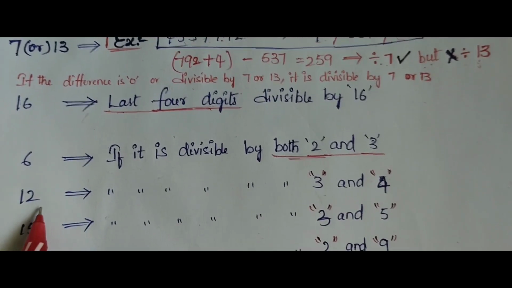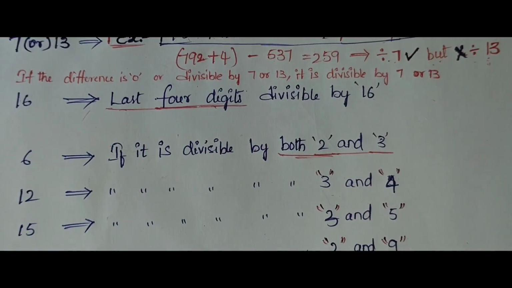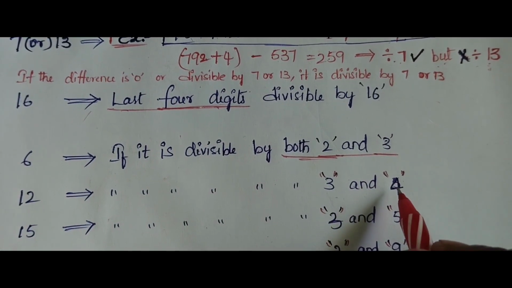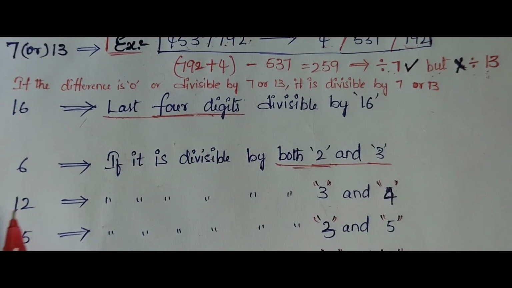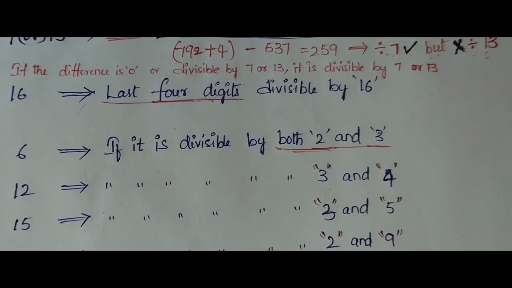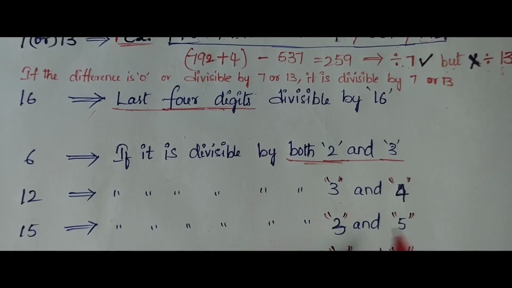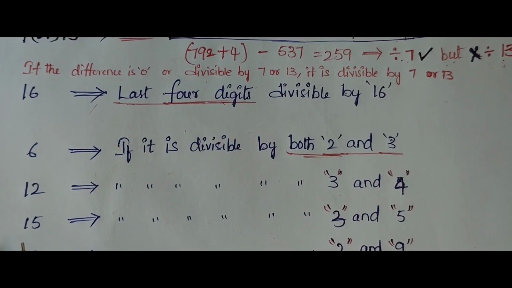Next, the divisibility rule of 12: if the given number is divisible by 3 and 4, it is divisible by 12. And the divisibility rule of 15: if the given number is divisible by 3 and 5, then it will be divisible by 15 also.